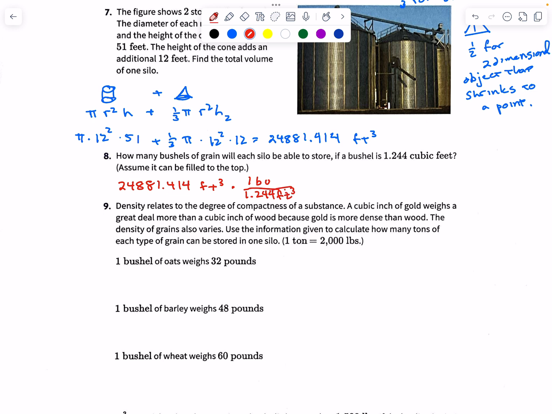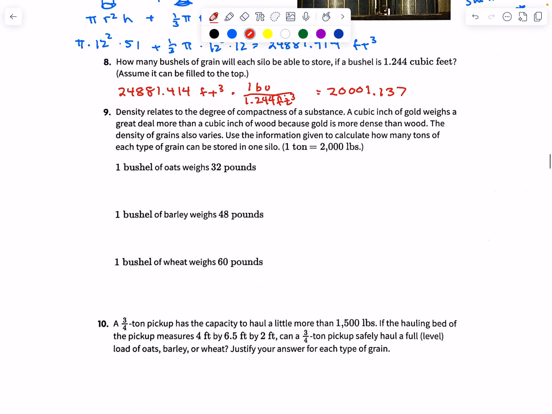If you use unit analysis, you can figure out whether you're supposed to multiply or divide. Essentially 20,000 bushels.